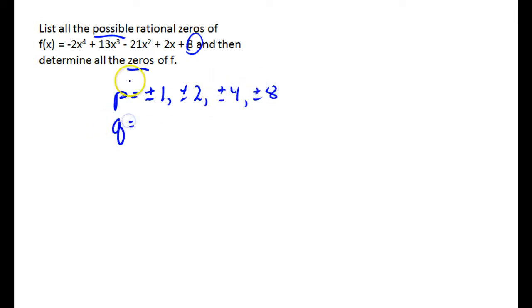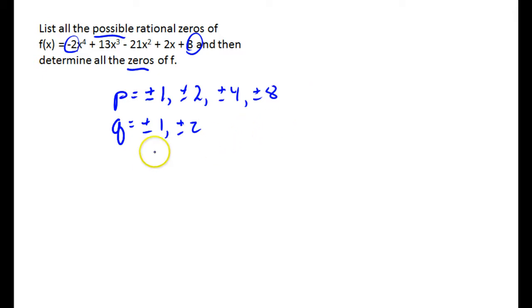So p is my list of my constant factors: plus or minus 1, plus or minus 2, plus or minus 4, and plus or minus 8. Q is my list of my lead coefficient factors, which is plus or minus 1 and plus or minus 2.